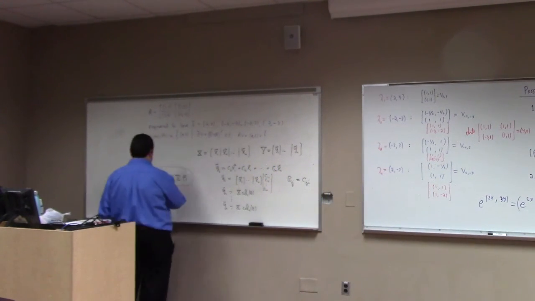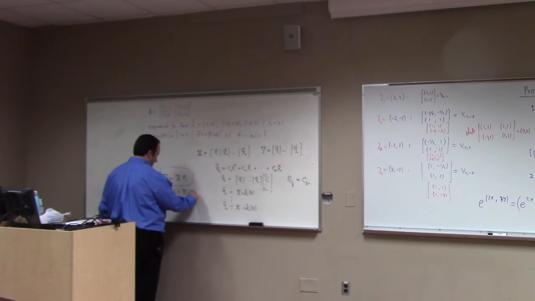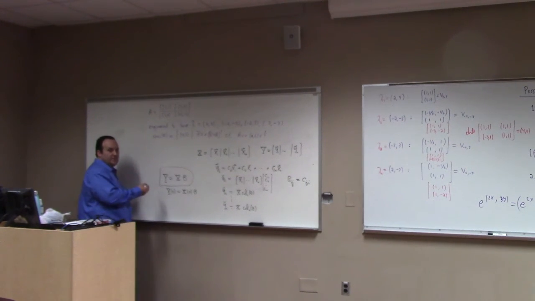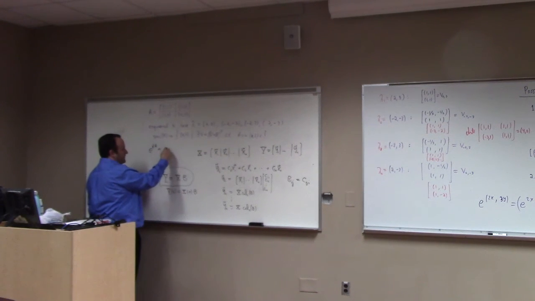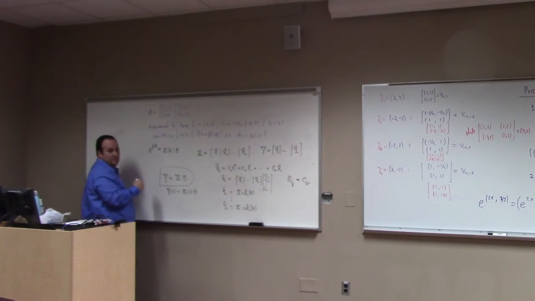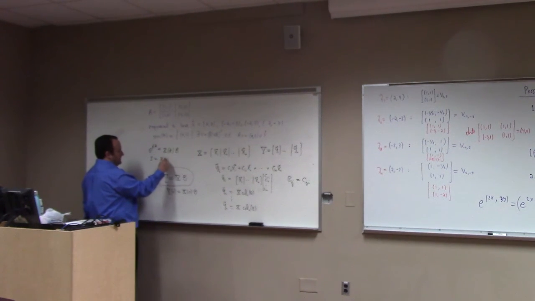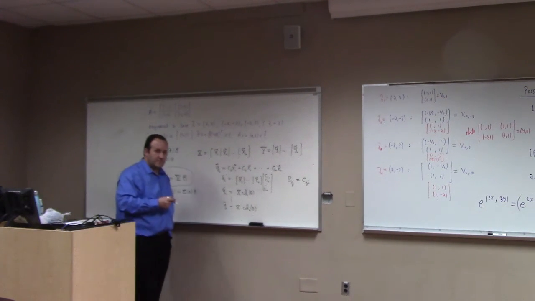Because if B is a constant matrix, Y of 0 is equal to X of 0 times B. This is especially useful to calculate the matrix exponential, because e to the ta is equal to any fundamental matrix you got times some constant matrix B. To figure out what B is, plug in time 0, you get I is equal to X of 0 times B, which tells you that e to the ta is just equal to X of t times X inverse of 0. That's where that formula comes from, to calculate the matrix exponential from a given solution matrix.